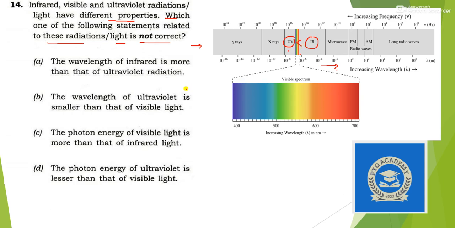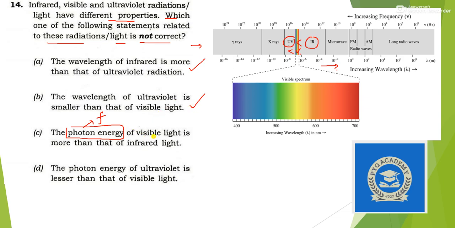It is true. Then the wavelength of ultraviolet is smaller than visible. Yes, this is also true. Then photon energy of visible light is more than that of infrared. Here photon energy means the frequency. So frequency increases when we go left hand side.